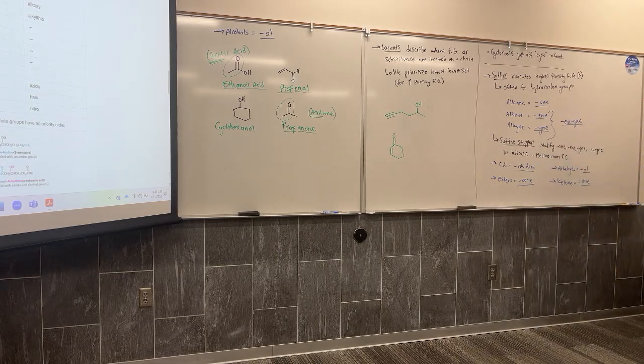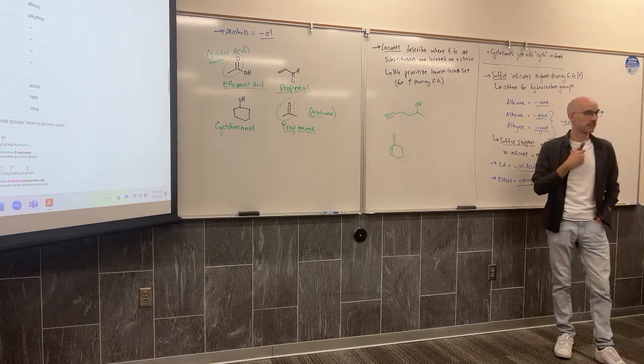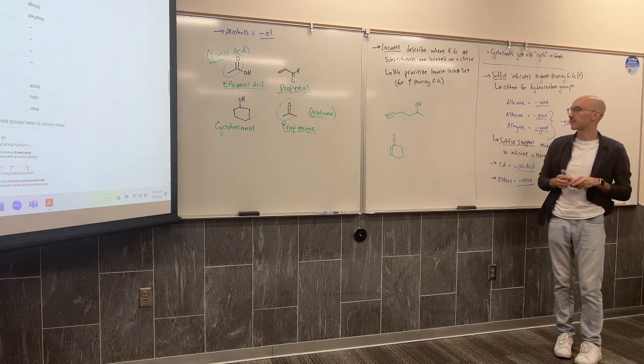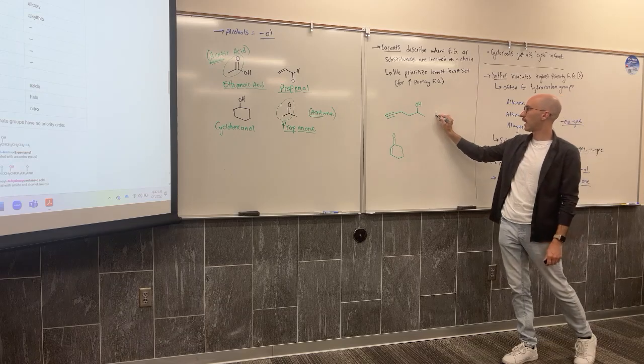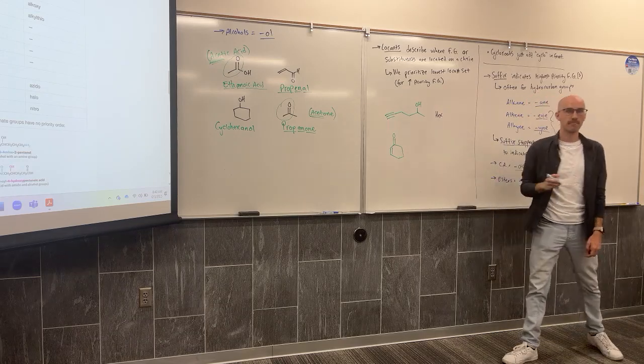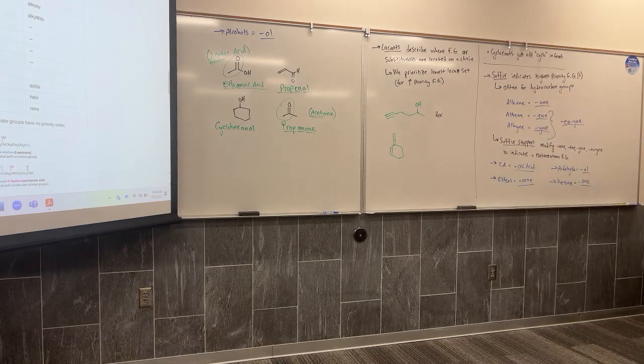What is the root that I'll give to my first compound? Hex. I agree. Hex. So this first compound is going to be hex-something. Which way should I start numbering it?